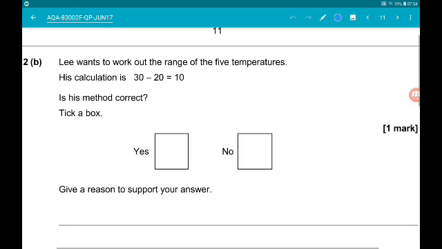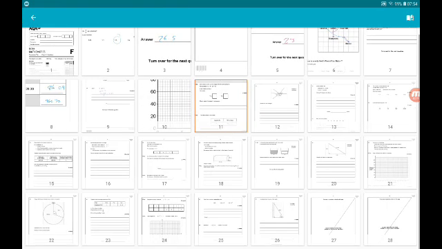Part B says that Lee wants to work out the range of the temperatures. His calculation is 30 minus 20 is 10. Is he correct? Give a reason for your answer. So the range is biggest take smallest.